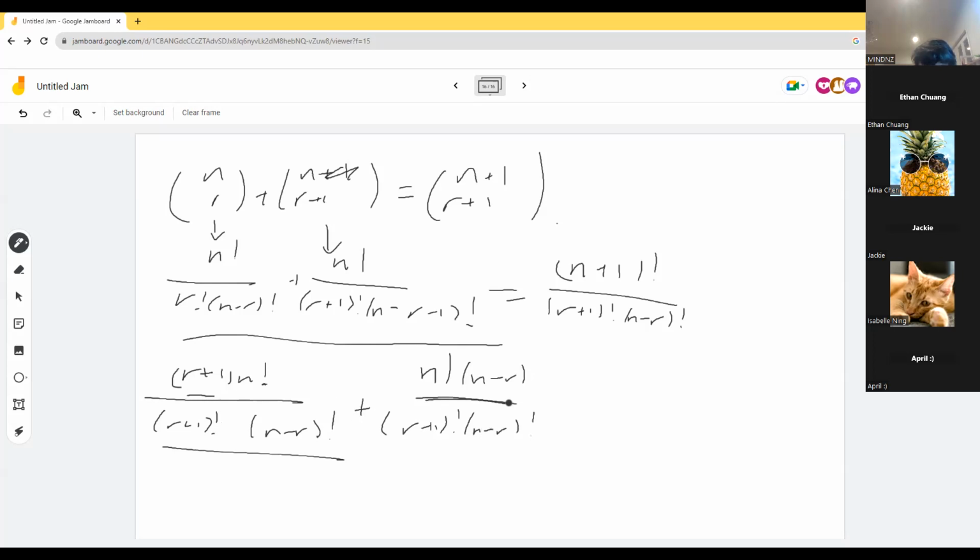And then this plus this is equal to n factorial times n minus r plus 1. And that's just equal to n plus 1, because these two cancel out. And then that's just equal to n plus 1 factorial.